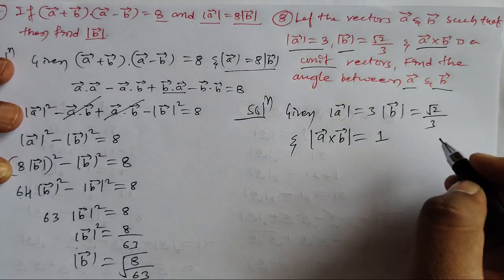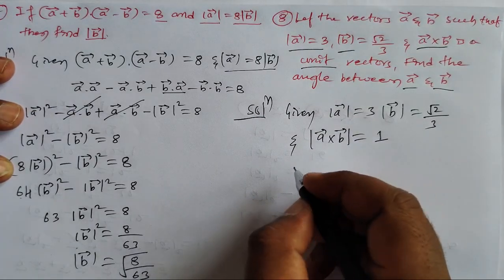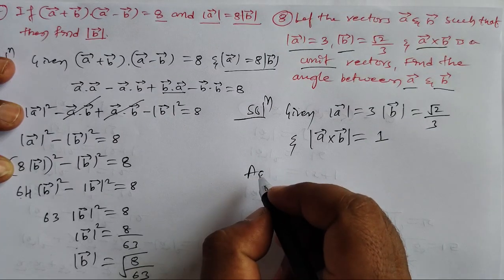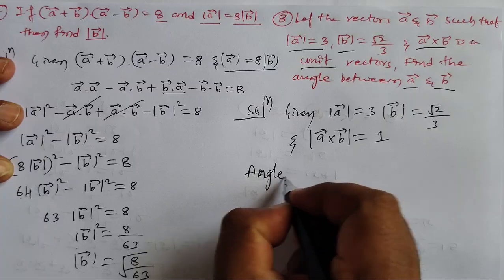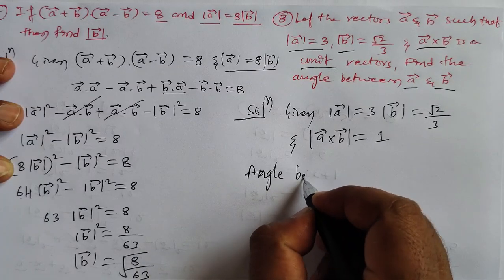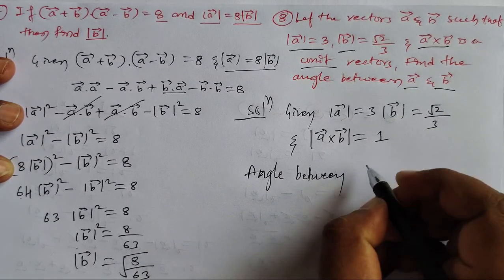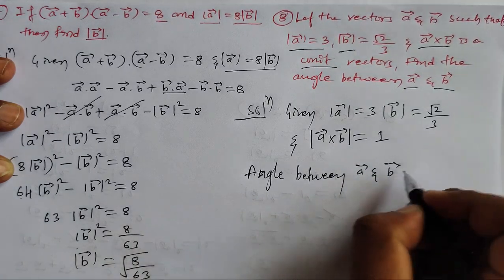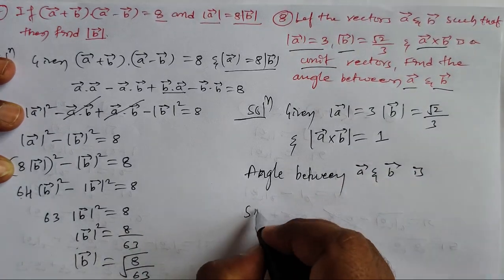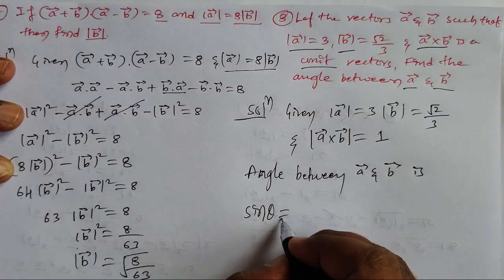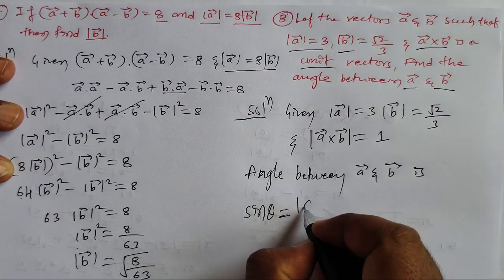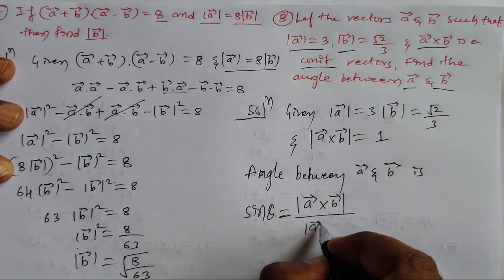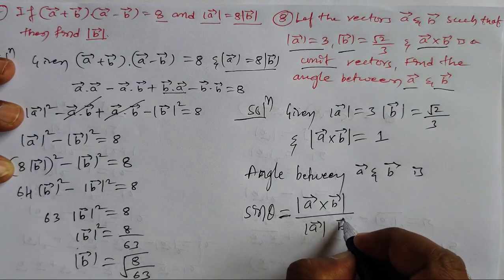So direct formula: sin theta equal to, so angle between a vector and b vector, the formula is magnitude of a vector cross b vector divided by magnitude of a vector into magnitude of b vector.